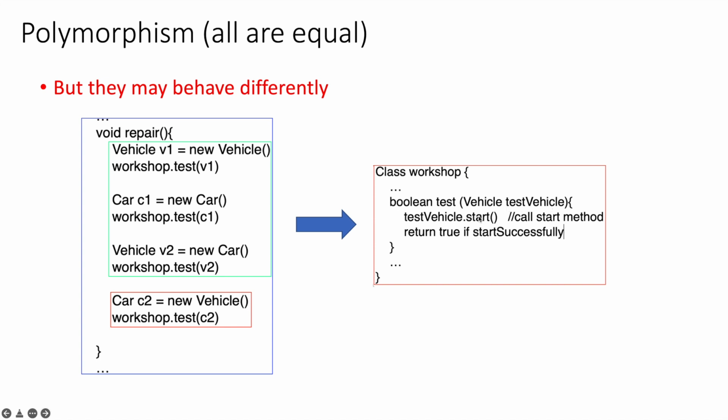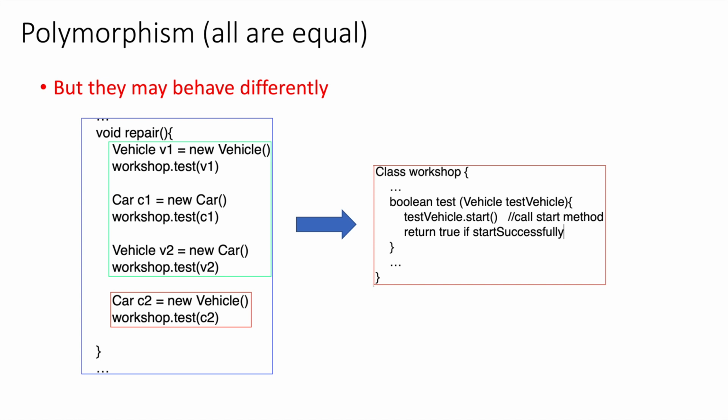If you have seen the implementation of this class, it does not understand whether the test vehicle is a car or scooter or truck, but appropriately it is calling dynamically at runtime the operations of the appropriate classes. This is the consequence of something called polymorphism.